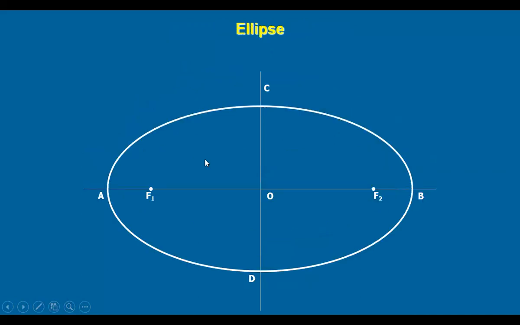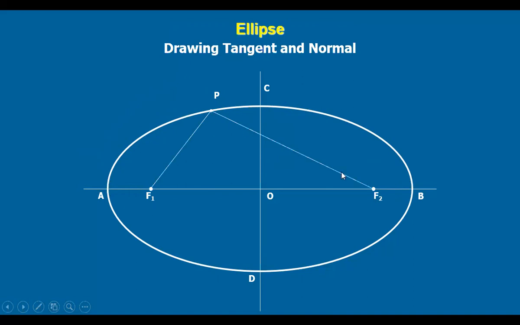Suppose you are given the ellipse and you want to draw a tangent at some point on this curve. I take a point and call it P. To find the tangent and normal, join point P with F1 and with F2.